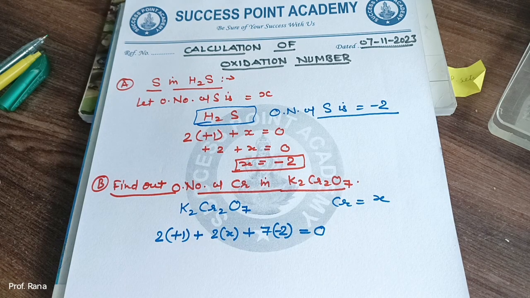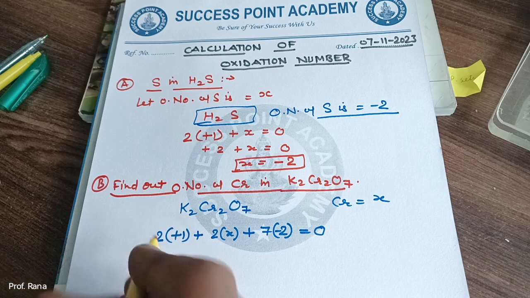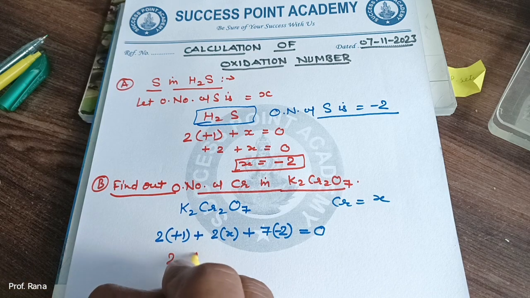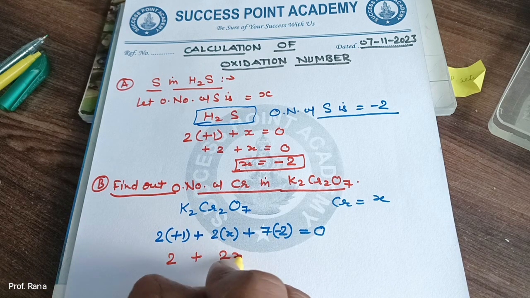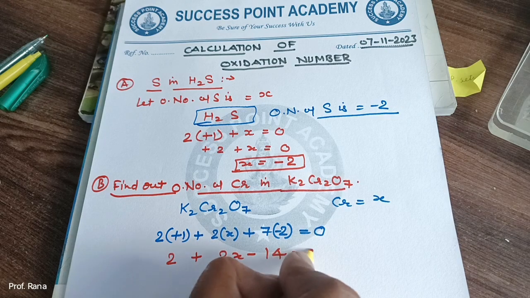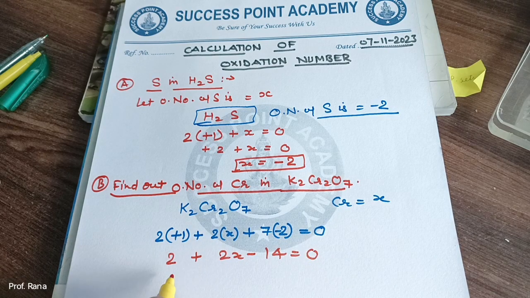So what will happen here is it is 2 plus 2x minus 14 equals to 0. And it is what? Minus 14 and plus 2 means minus 12. So 2x minus 12 equals to 0. And x is equal to 12 upon 2, that is plus 6.